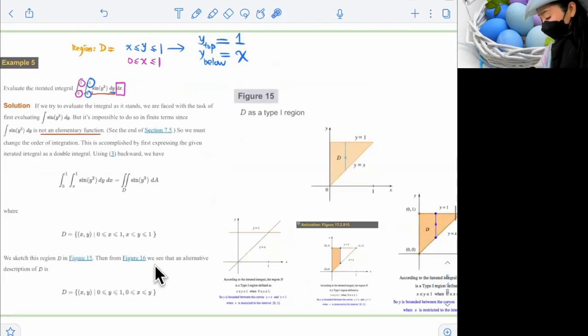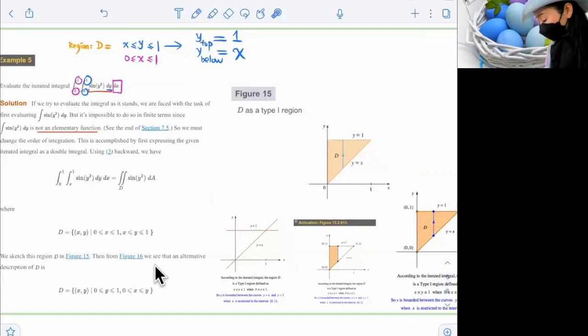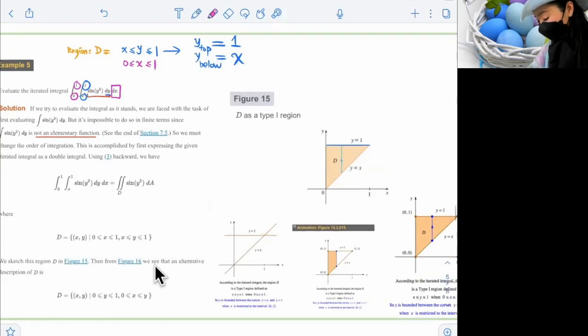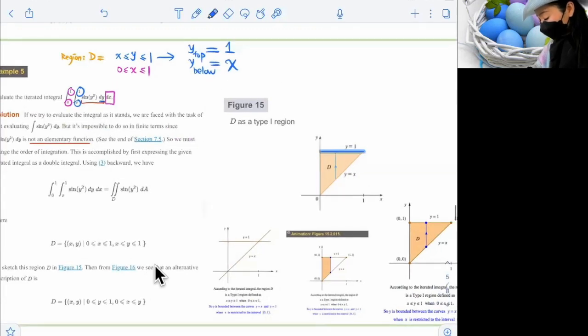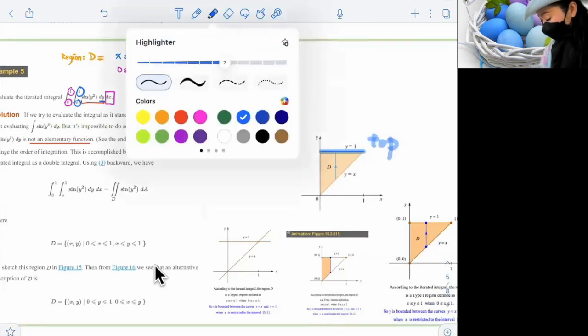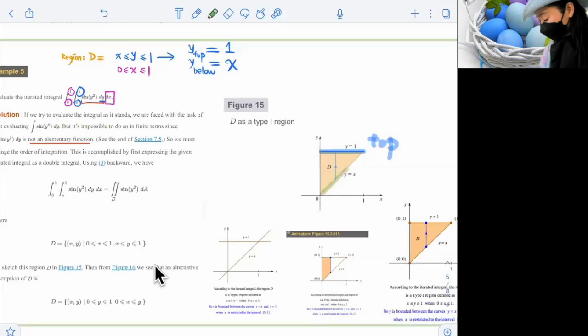So y equals 1 is this one. This one here is on top. And the one below, y equals x, is this one here.